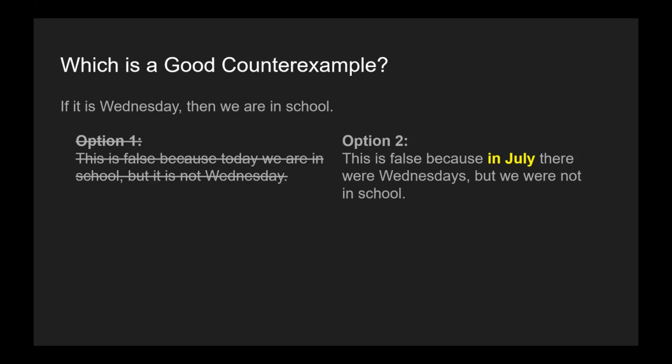In order to understand why, let's look at the hypothesis and conclusion. In our original conditional statement, the hypothesis was it is Wednesday. In this example, we said in July there were Wednesdays. So the hypothesis, Wednesday happens, is true in this counterexample. True hypothesis, Wednesday, yes.